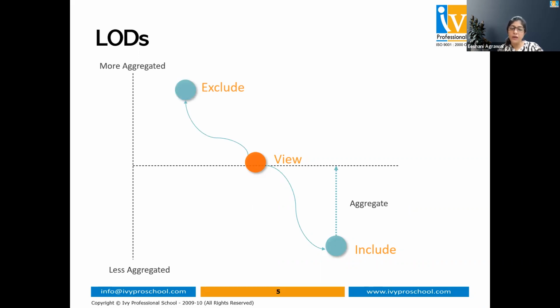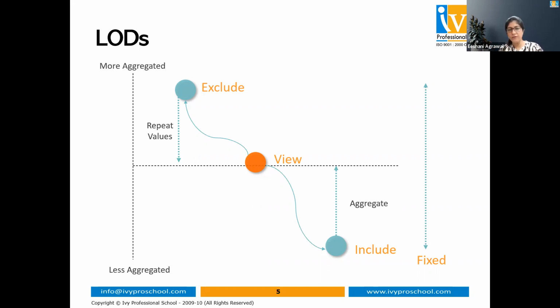And when you are talking about exclude, repetition of the values will typically happen, because you're excluding a particular field, and the level of detail might be having that value, so values will keep on repeating. And fixed varies depending on our use case. It might be aggregating it, it might be repeating the values, so it may vary from more aggregated to less aggregated. Okay, include: aggregation happens; exclude: repeat values happen; fixed: both things can happen.